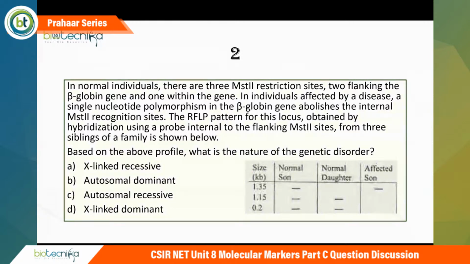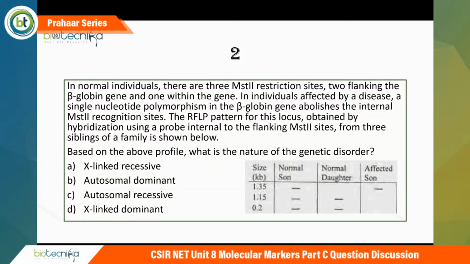This question can be considered a part of pedigree analysis also, because we are talking about how the genetic disorder is getting inherited, which is something we analyze in pedigree analysis. The other thing is the information on the table, which is the molecular markers.